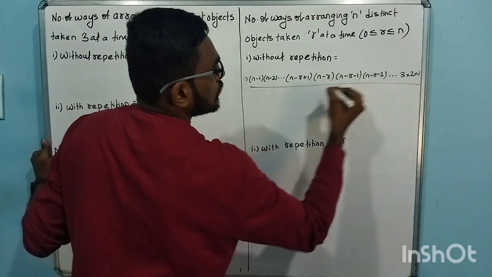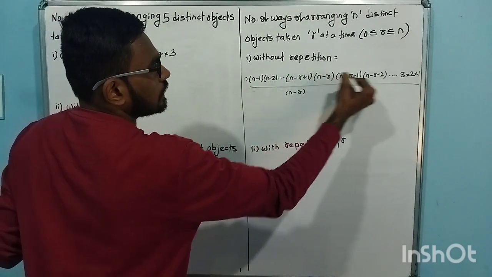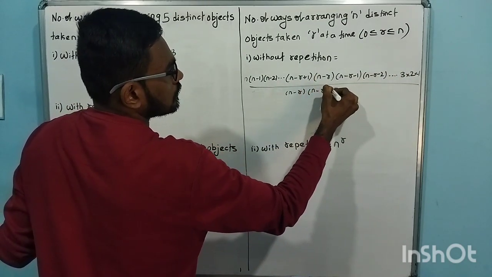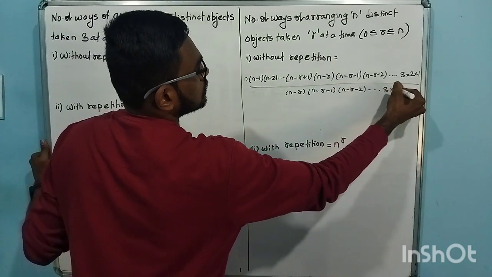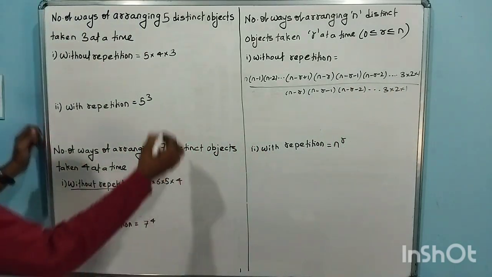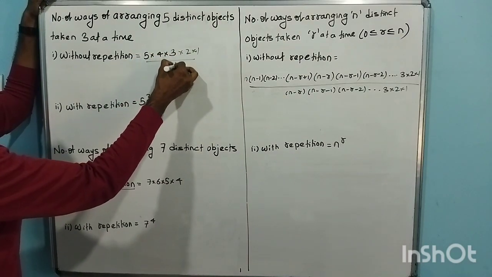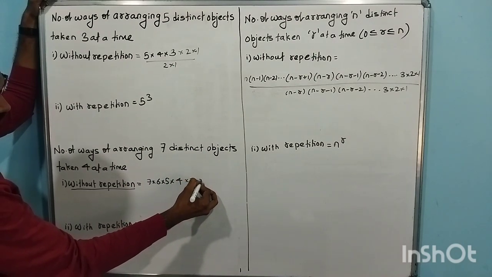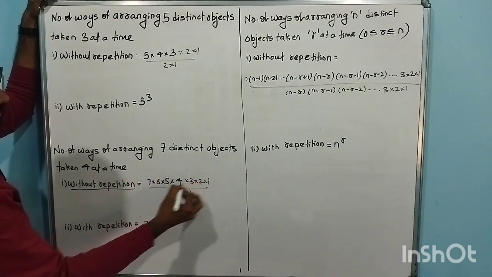Whatever I have multiplied, I will divide: n minus r, n minus r minus 1, n minus r minus 2, and so on, 3, 2, 1. Like I multiply 6, 5, 4, 3, 2, 1 and divide 3, 2, 1, so this becomes 7 factorial.